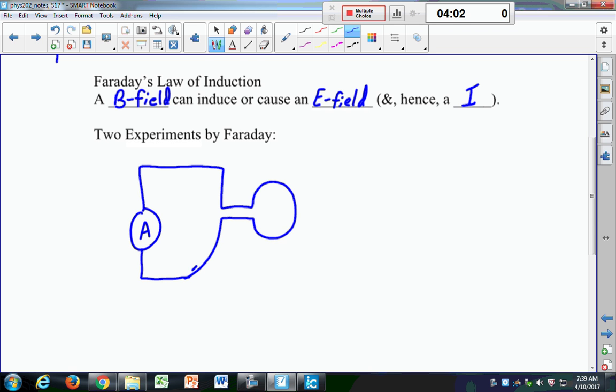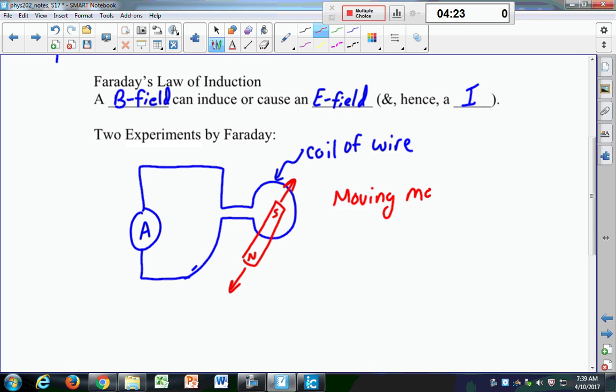So he had over here a coil of wire, and he took a magnet and he moved it back and forth within the wire. So he moved it into the coil and out of the coil. And he found that moving the magnet causes a current in the circuit.